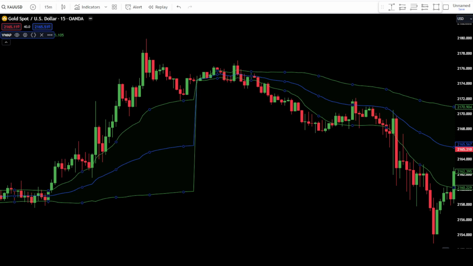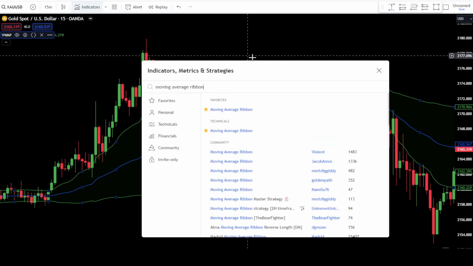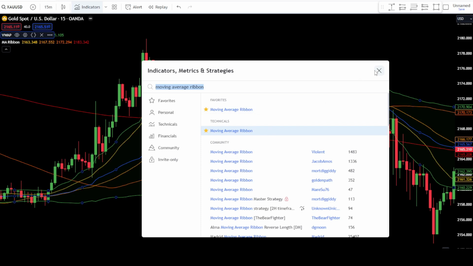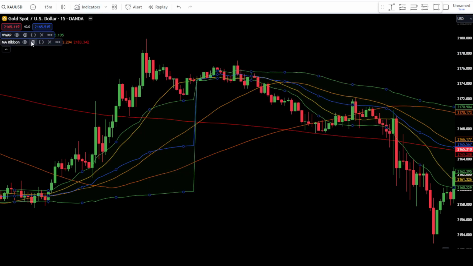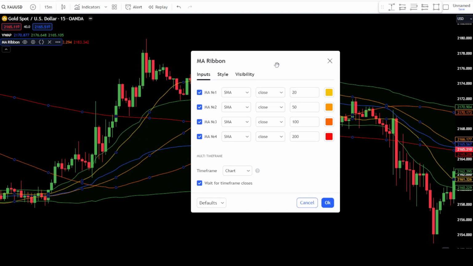Now let's add the second indicator that will be used as a guide to place buy or sell orders in the market. Go back to the Indicator Search tab and type in Moving Average Ribbon. Then, simply select the default Moving Average Ribbon from TradingView. Next, go to the Moving Average Ribbon Indicator Settings tab. In the Input tab, disable the checkboxes for SMA3 and SMA4.